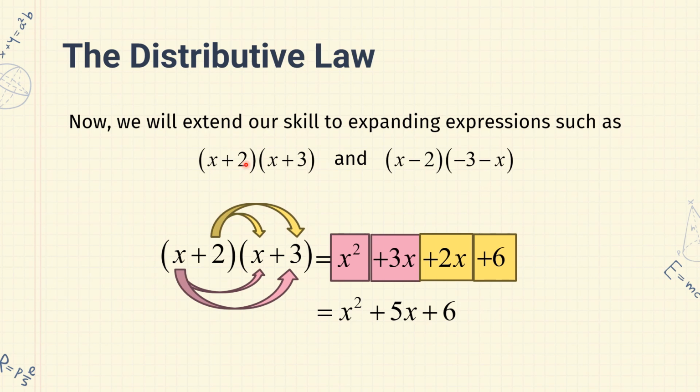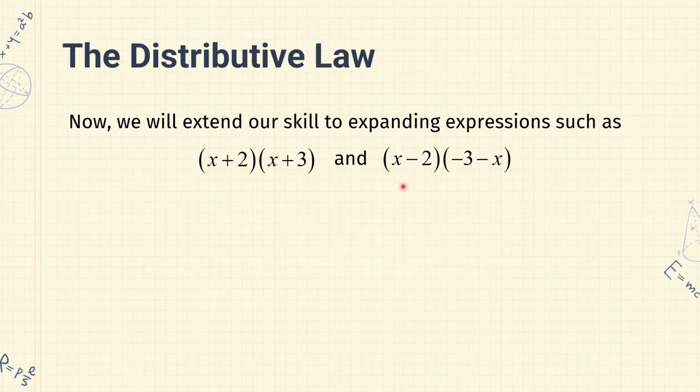So I have demonstrated how the distributive law is used to answer the expansion of expressions such as this. Let's look at another example. Looking at the second example, (x - 2) times (-3 - x). Again, we do the same thing.